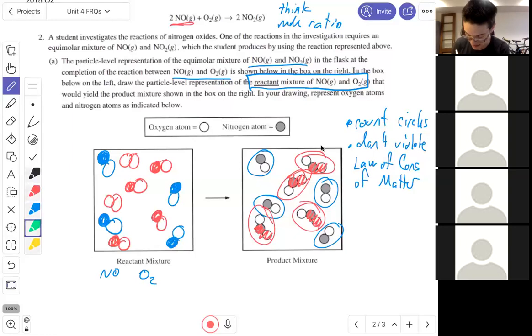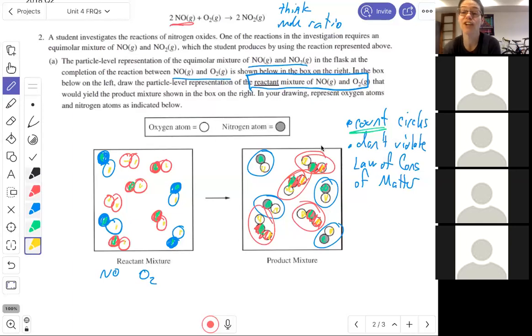Once you think you've got it, recount. I have 1, 2, 3, 4, 5, 6, 7, 8 shaded circles. And then count your opens: 1, 2, 3, 4, 5, 6, 7, 8, 9, 10, 11, 12.